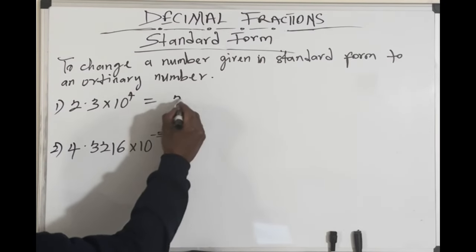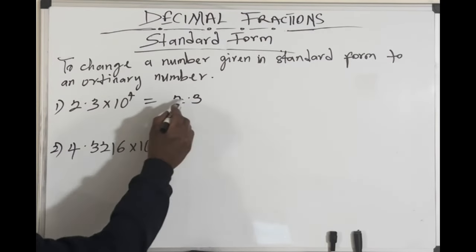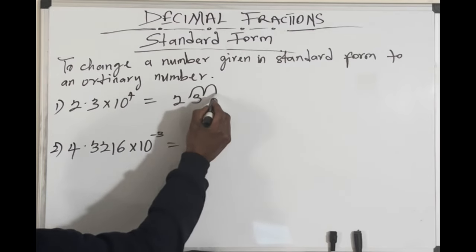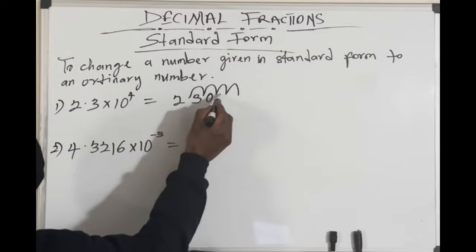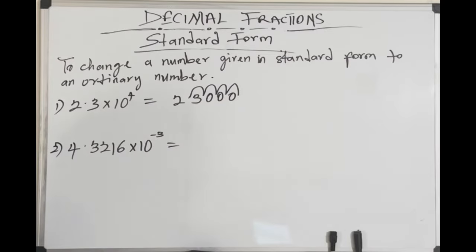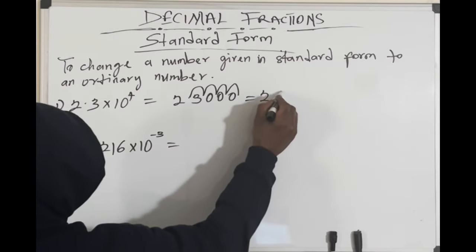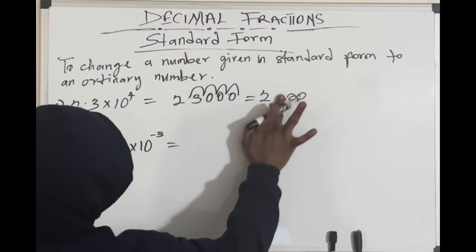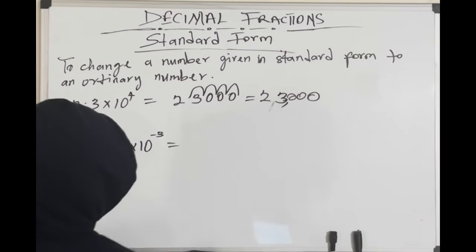So we want an ordinary number. We said positive 4. So we move 4 times. 1, 2, 3, 4. And then we will fill with zeros. So right now we have 2000. We have 23,000.